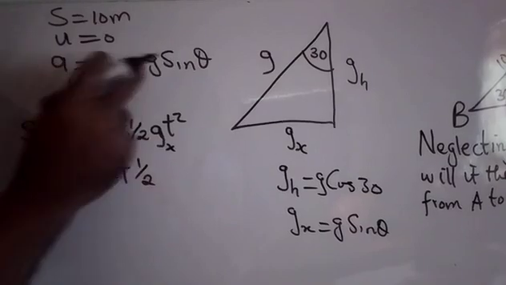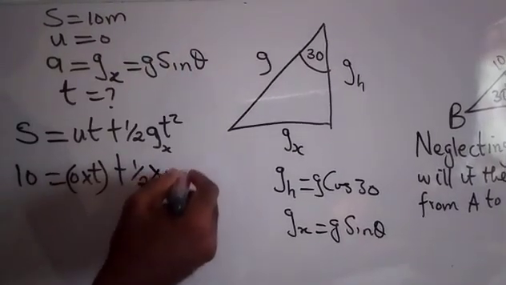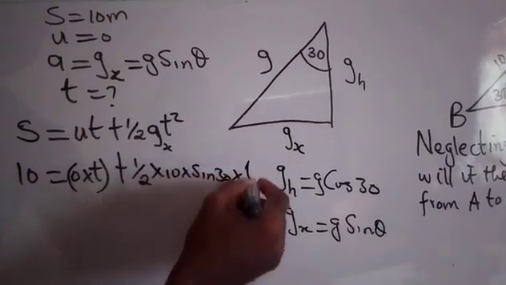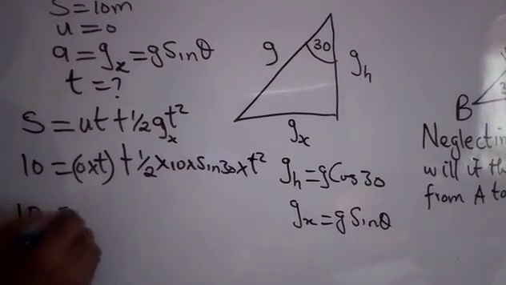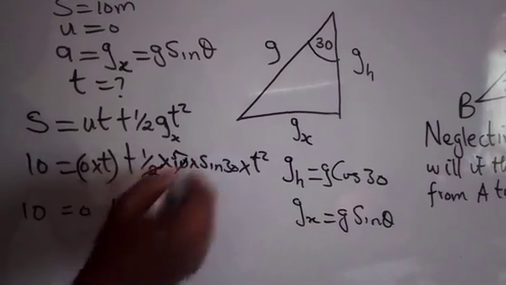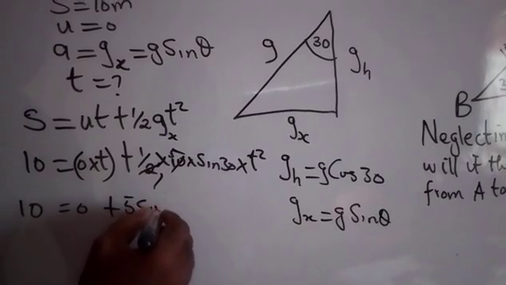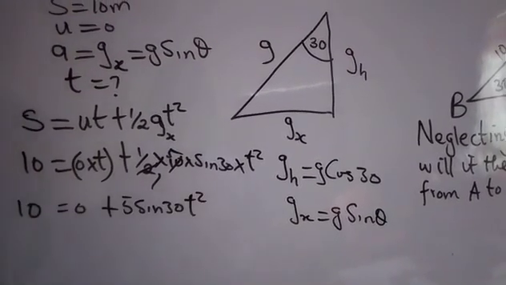So what is our g_x? g sin theta. g is 10, times sin 30, times t squared. So 10 equals 0 plus half times 10 times sin 30 times t squared.